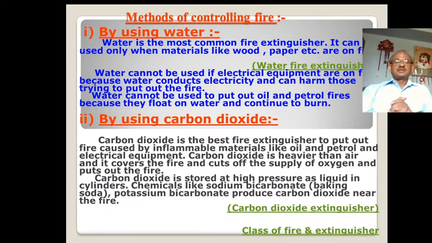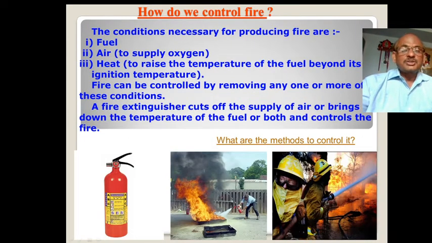You may see carbon dioxide fire extinguisher cylinders installed in our Vidyalaya place to place. Chemicals like sodium bicarbonate, that is baking soda, and potassium bicarbonate produce carbon dioxide near the fire. Here see the carbon dioxide fire extinguisher. This one.